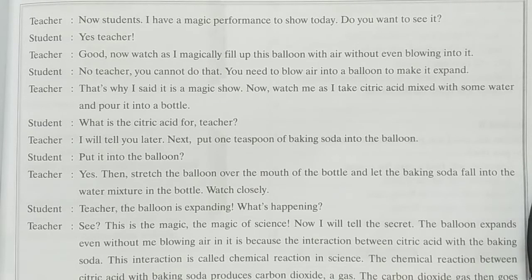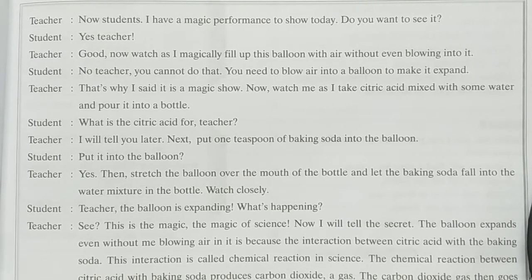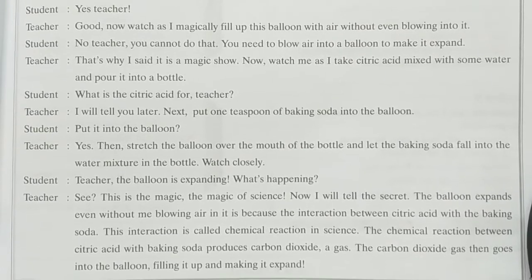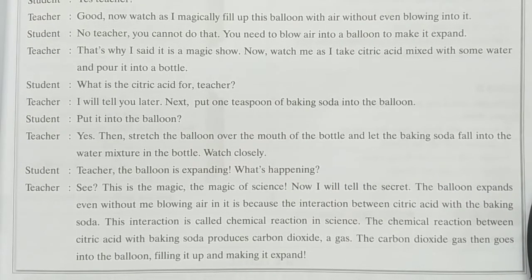Teacher: Next, put 1 teaspoon of baking soda into the balloon. Student: Put it into the balloon? Teacher: Yes. Then stretch the balloon over the mouth of the bottle and let the baking soda fall into the water mixture in the bottle. Watch closely. Student: Teacher, the balloon is expanding. What's happening? Teacher: See, this is the magic of science.